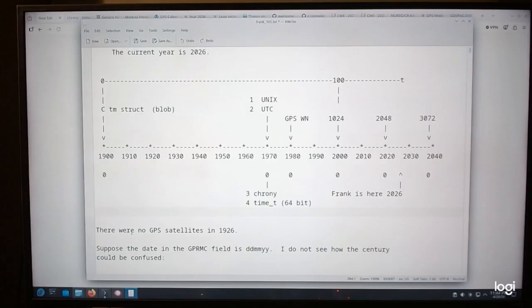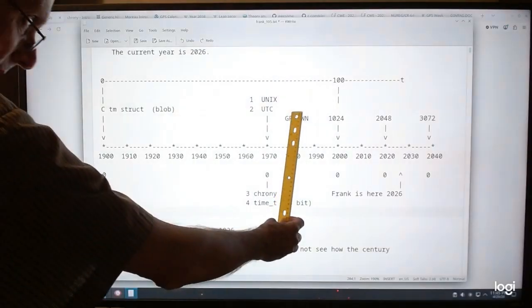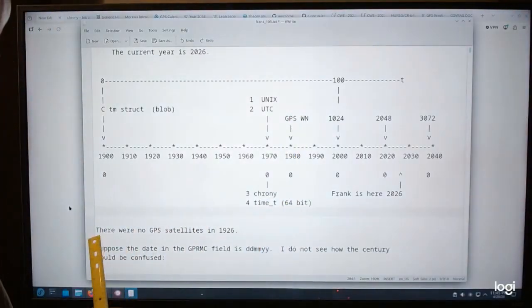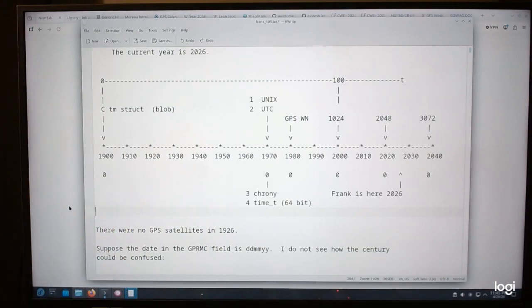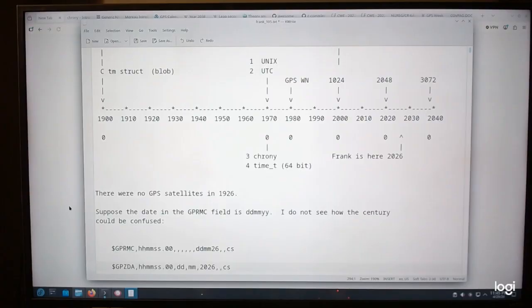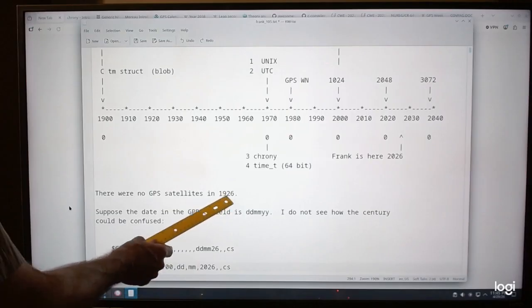Now, there's the first satellite in 1980. I want you to see there were no satellites in 1926. So if I've got a 2-digit year date right here, I'm not going to confuse 2026 with 1926.